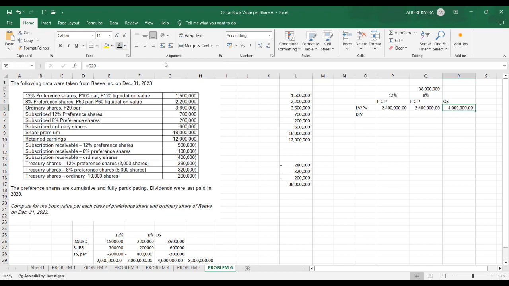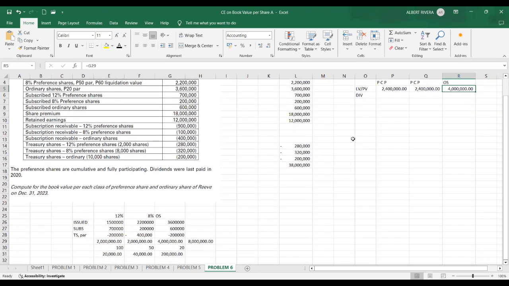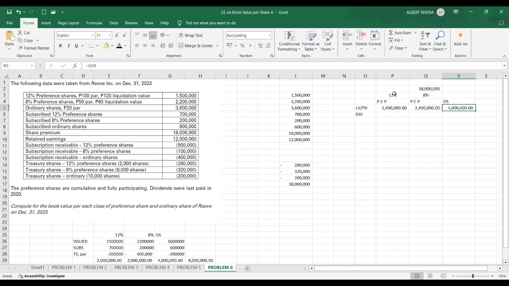Okay. Since this 12% is a cumulative preference share, this will receive a dividend equal to how many years? Since the last paid dividend is 2020, there would be a 3-year dividend.